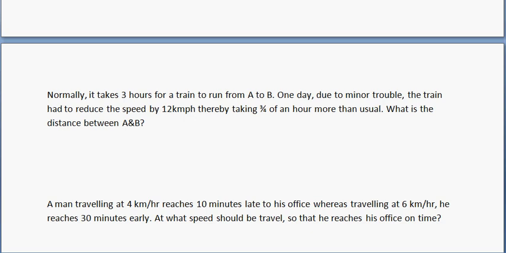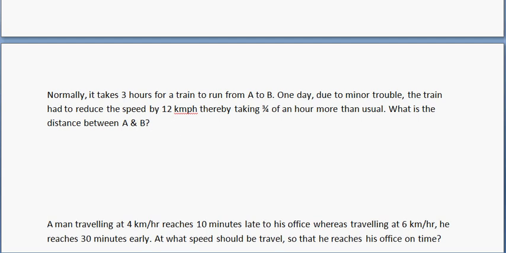One day, due to a minor trouble, the speed of the train has reduced by 12 kilometers per hour, thereby taking 3/4 of an hour more than usual. So we have to find the distance between A and B. Just notice that in both the cases the distance traveled is the same, right? The only thing which changes is speed, and thereby there is change in time, right?